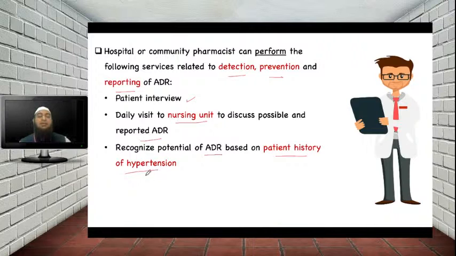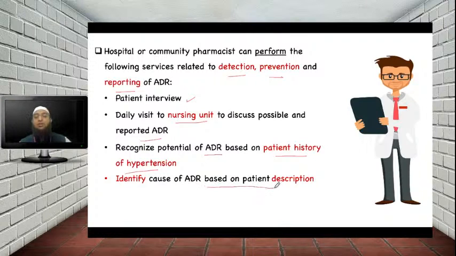So if there is any recognized potential of ADR based on patient history of hypertension, that also can be recognized. Likewise, you can identify the cause of ADR based on patient description. If a patient comes to you and describes an adverse drug reaction, then you can try to identify the cause of the adverse drug reaction. So these are the different services.